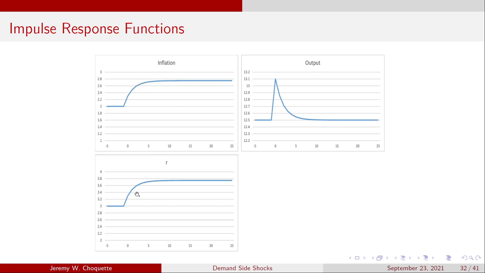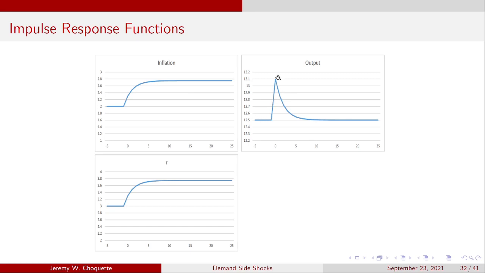And in order to maintain equilibrium with the IS curve and the monetary policy curve, the real rate has to keep going up as well. That continues until we achieve our long run equilibrium. That's where output becomes flat again, inflation becomes flat, and the real interest rate becomes flat.